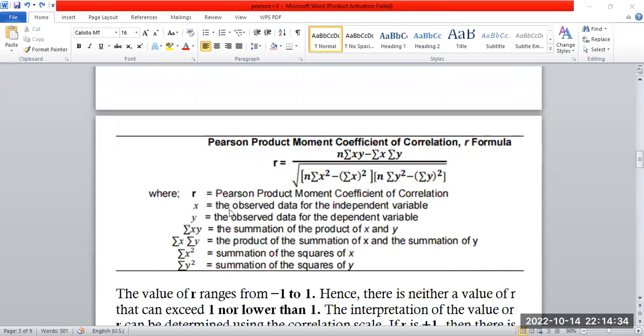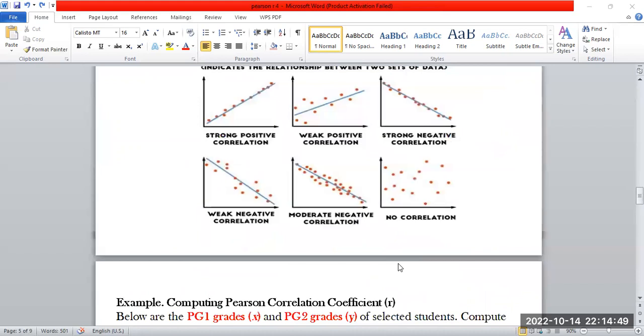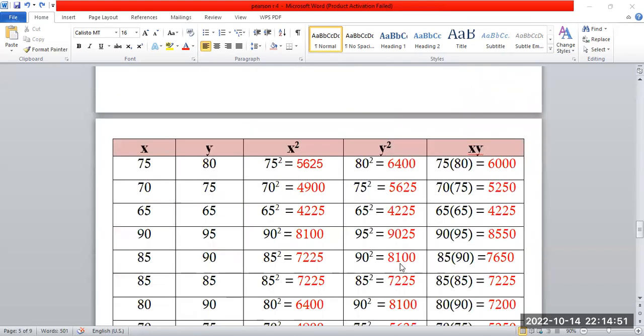So we need to solve the summation of x, summation of y, and then the product of x and y. The product of the summation of x and the summation of y. Now we create the table for that.